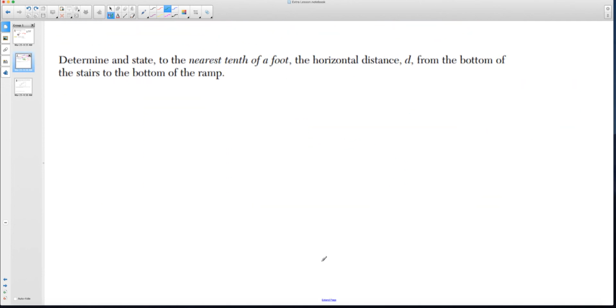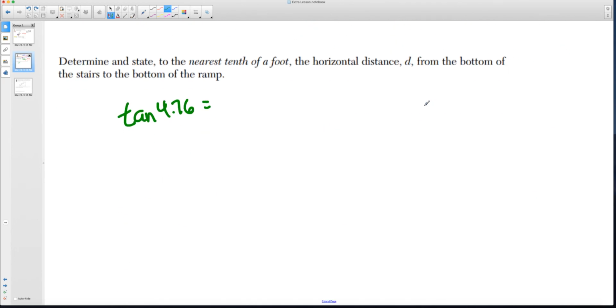So tan of 4.76 equals, opposite is 18 inches, over y. Put this over 1 and cross multiply. Y times tan of 4.76 equals 18.